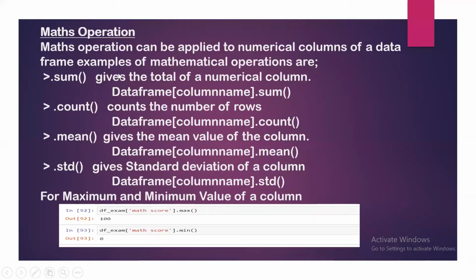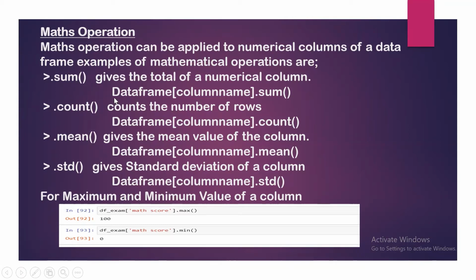So here we have a few math operations that we can apply on different columns and rows of the data frame. But let's first see how we can apply math operations to the columns of the data frame. There are some functions: count function, mean function, standard deviation function, minimum and maximum function, and how these are applied.